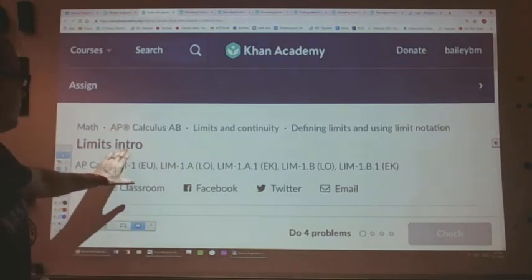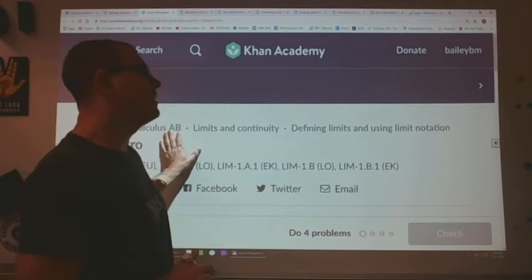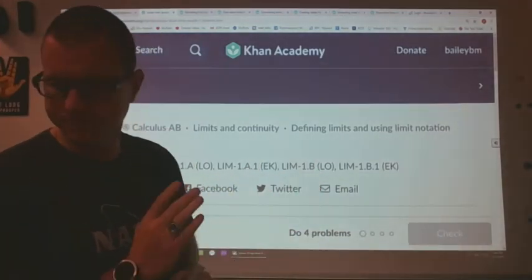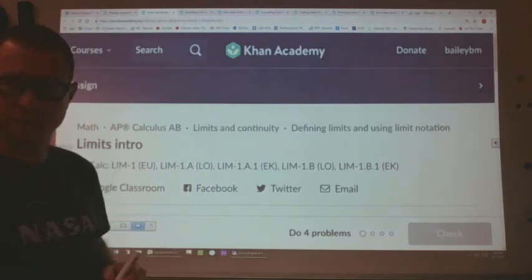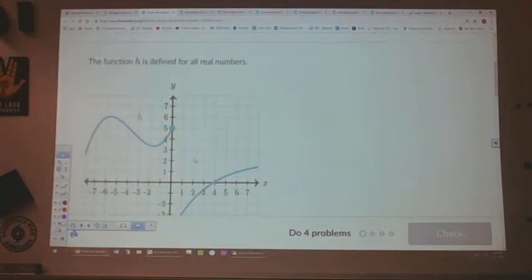So for limits, we're going to look at it graphically and algebraically. Now, the graph is easy because we can just kind of, oh, there it is. But let's look at a few things with limits.